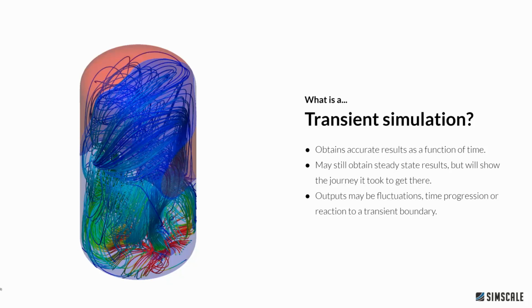And what we're going to be concentrating on in these simulations is URANS, so unsteady Reynolds-averaged Navier-Stokes. That is a turbulence model. We tend to use RANS for steady-state simulations, but the unsteady version is what we're going to be using to see these unsteady effects.